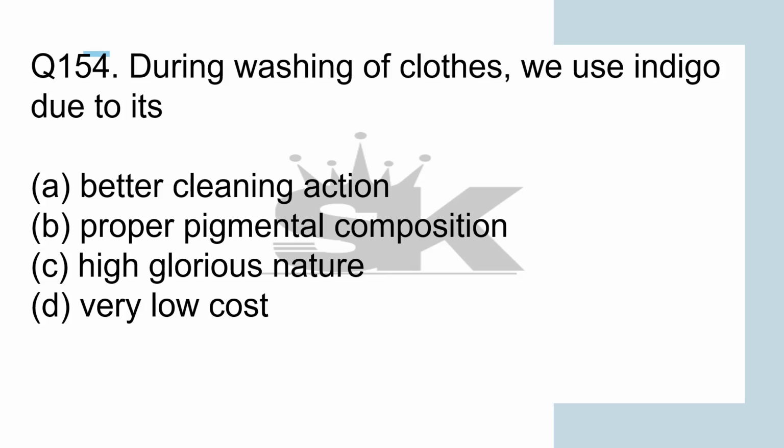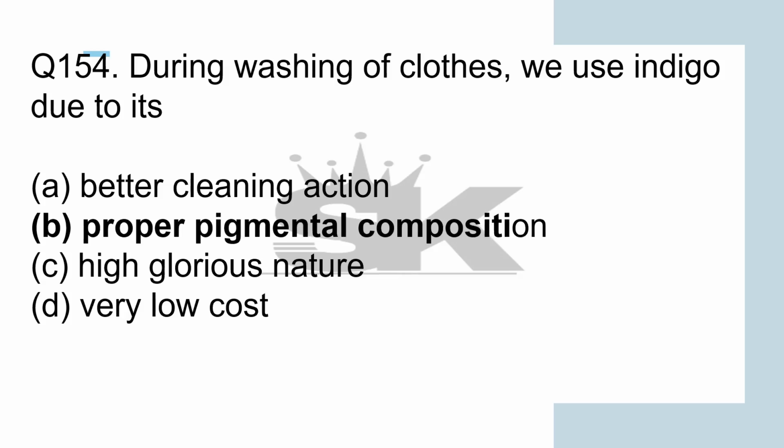Adding indigo in the water used to wash blue colored clothes will add to the color density and reduce the perceived fade. Also, some white clothes can yellow over time, right? So a slight blue tint would help mask this yellow shade of the white clothes. So the answer is proper pigmental composition.